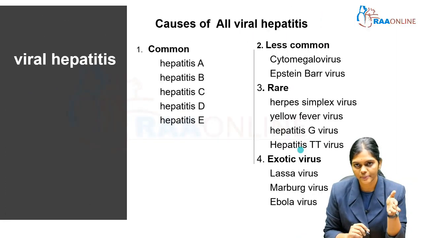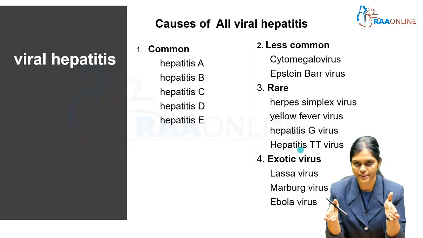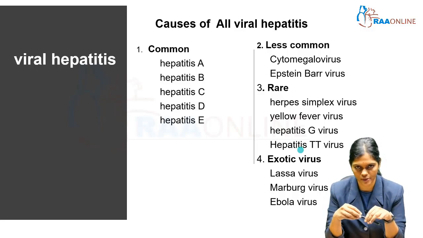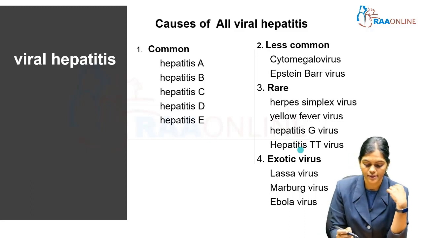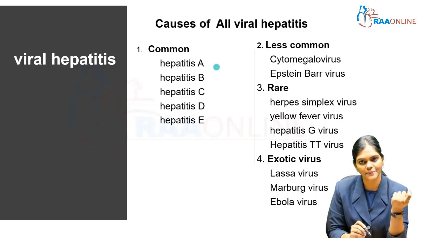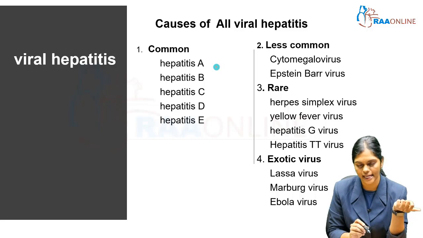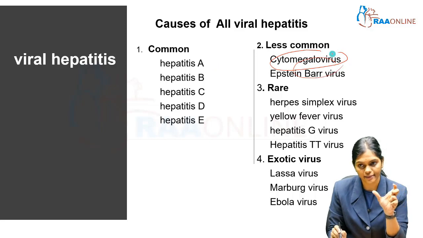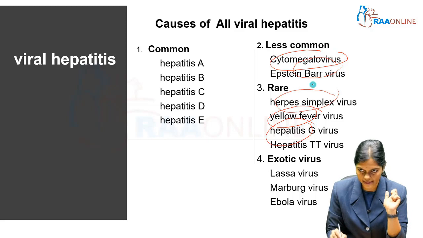So today we'll be reading about hepatitis B virus as such. But before that, we'll just see what are the other viruses that can cause hepatitis infection. Okay. So the common ones are hepatitis A, B, C, D and E. Whereas the less common ones are cytomegalovirus, Epstein-Barr virus and rarely even yellow fever, hepatitis G, herpes simplex virus and hepatitis TT viruses.